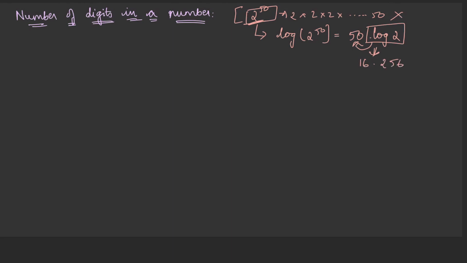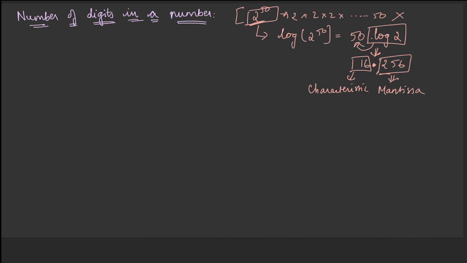Then we call the digits after the decimal point the mantissa, and the 16 before the decimal point the characteristic.